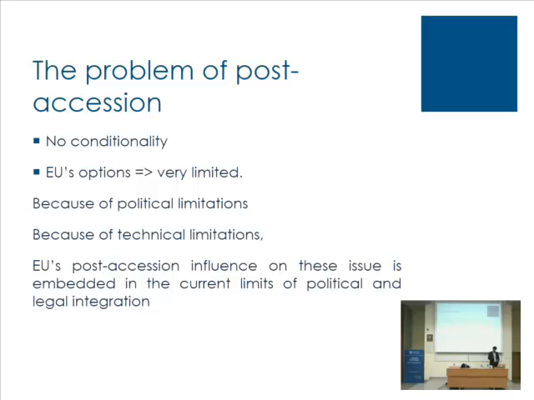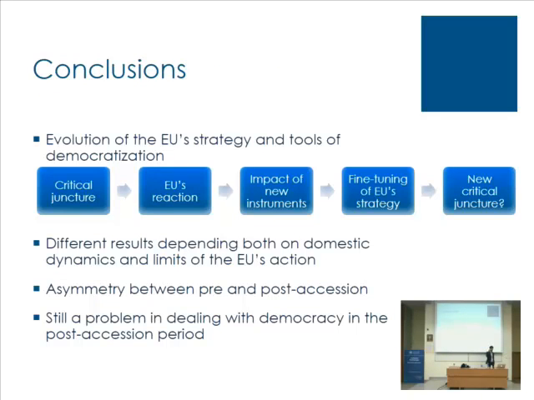So, what about conclusions? We have seen the evolution of the EU strategy and rules of democratization. EU strategies started in Central and Eastern Europe with structures and economic aid, and after this evolution became a real enlargement policy.